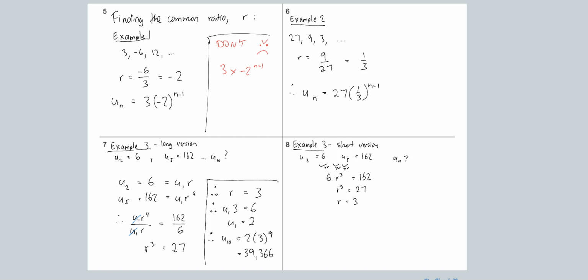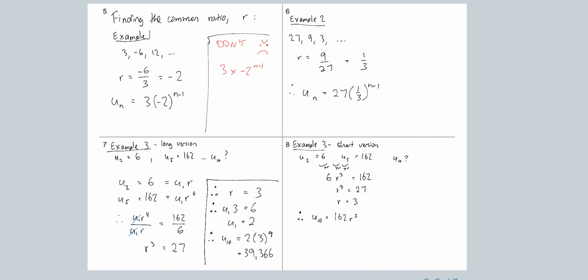To get to the 10th term, I need to go from the 5th term and go r times r times r, 5 more r's, right? So that means, therefore, u sub 10 is going to be the 5th term multiplied by r to the power of 5. Is that okay?